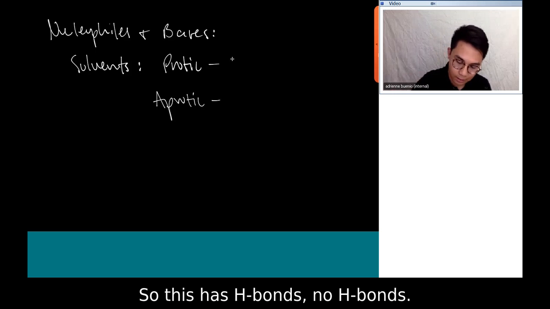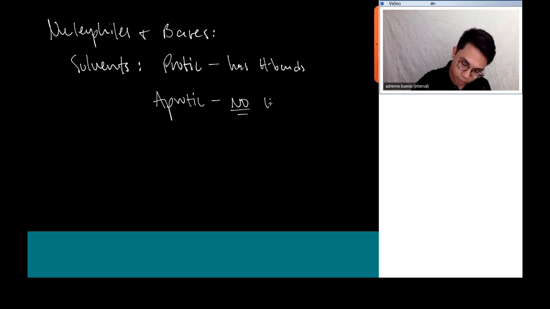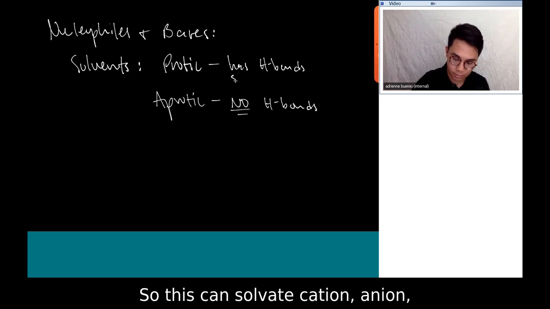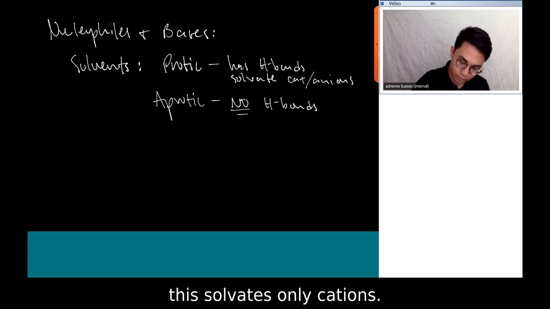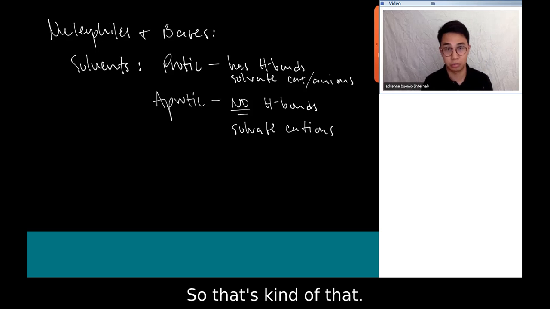So this has H bonds, this has no H bonds. So this can solvate cations and anions. This solvates only cations. So that's kind of that.